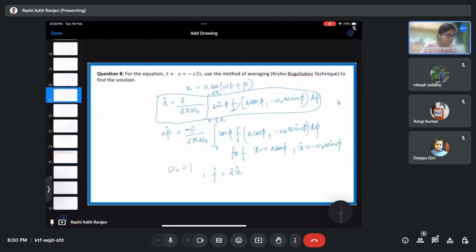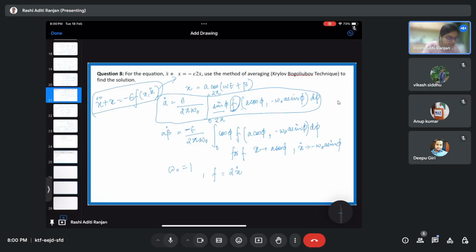See, this is the equation of f where we have sine phi and then we have f, which is a function of a cos phi and minus omega naught a sine phi. So in generalized form, when we write it like this, this is a generalized form in which we represent these kind of equations.